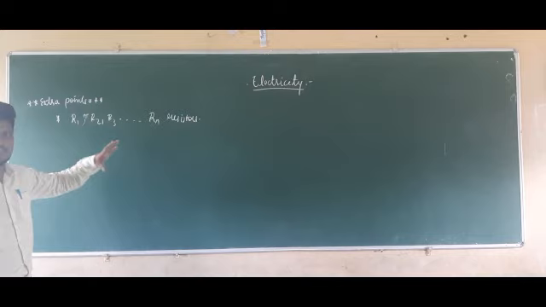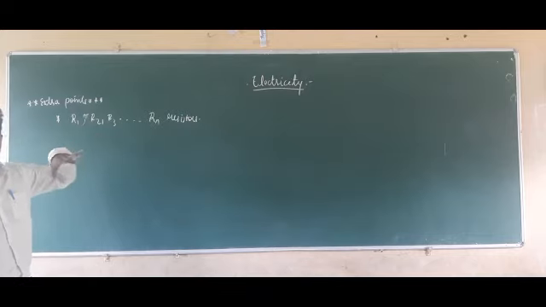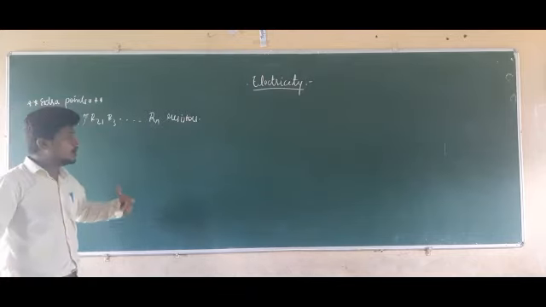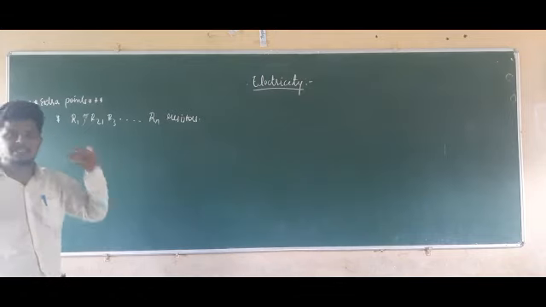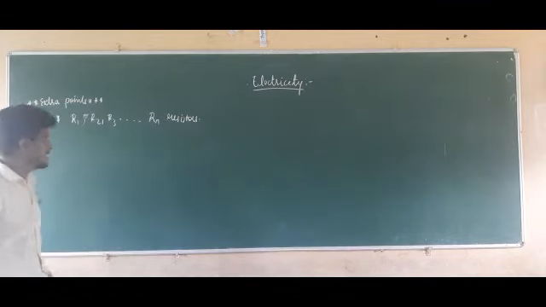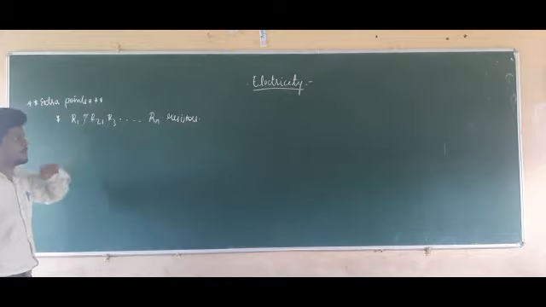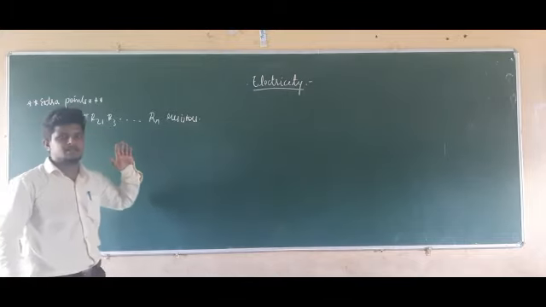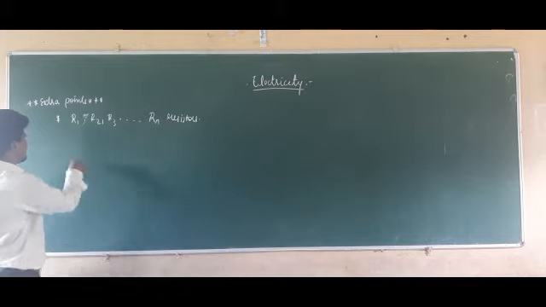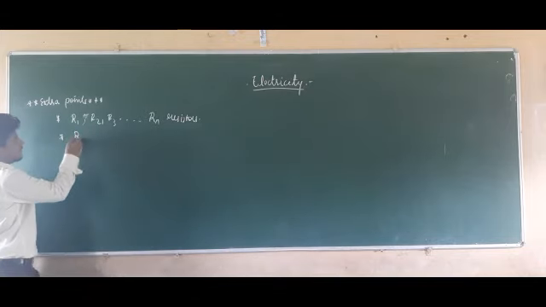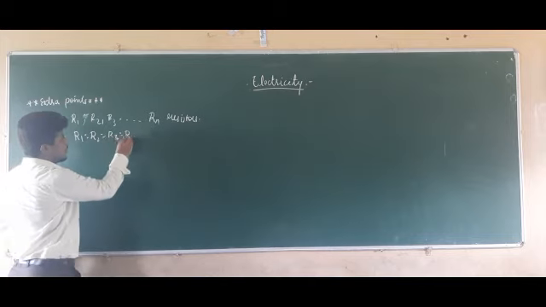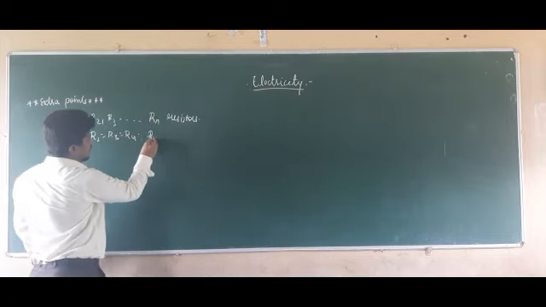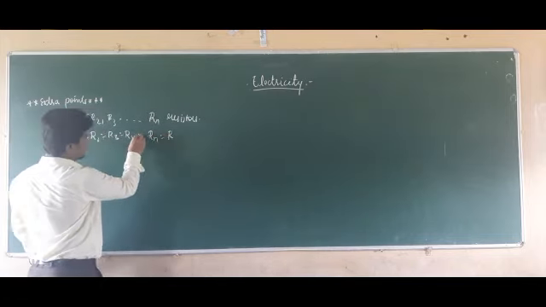All the resistors here are connected in series as well as in parallel, and they all have the same resistance, that is, R1 equals R2 equals R3 equals R4 equals Rn equals R.